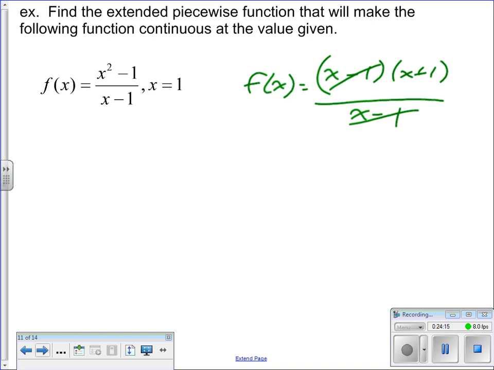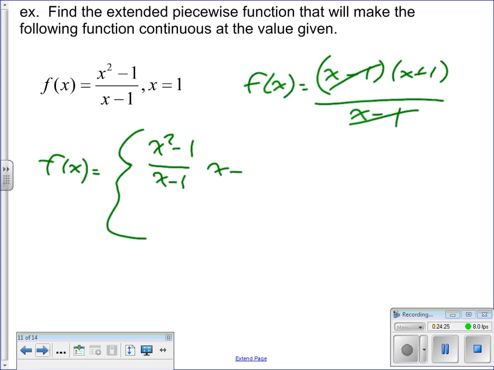My piecewise function: f of x equals, that's not a crappy bracket, get over it, x squared minus 1 over x minus 1 when x does not equal 1, because at 1 I've got a problem. But when x equals 1, what do I need to have? What value of y will fill in my hole?